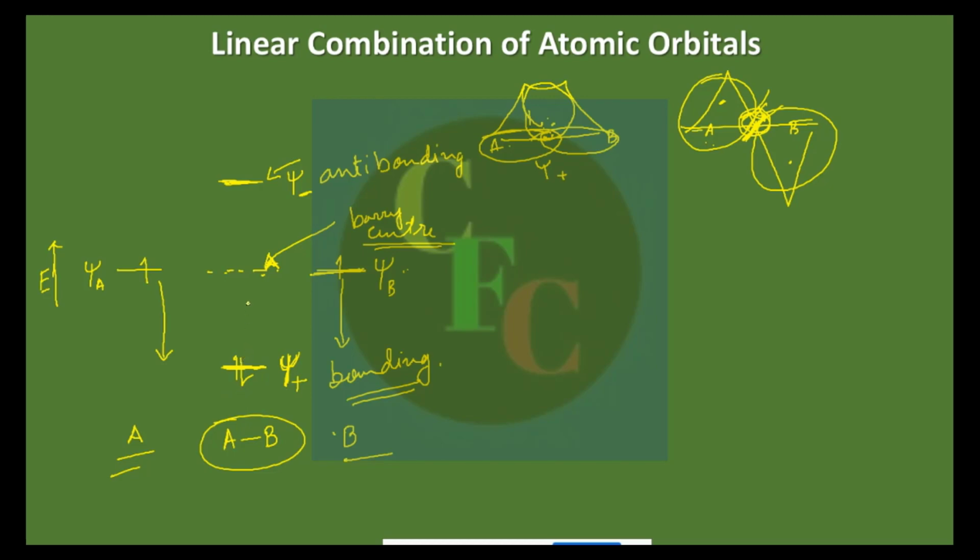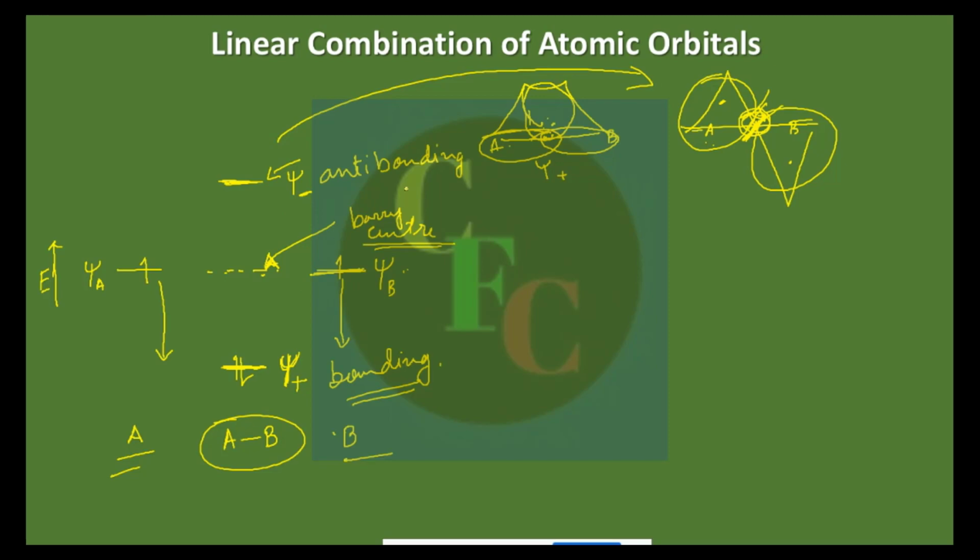Whereas if you put an electron here, this is highly destabilizing, and that's why it is called anti-bonding. If you put an electron here, you are putting an electron in this anti-bonding orbital. That means you are against the bond, right? It will go against the bond. That's why it is called anti-bonding. Okay.